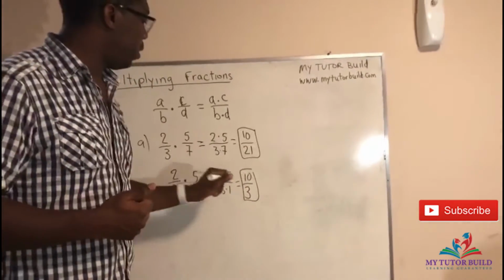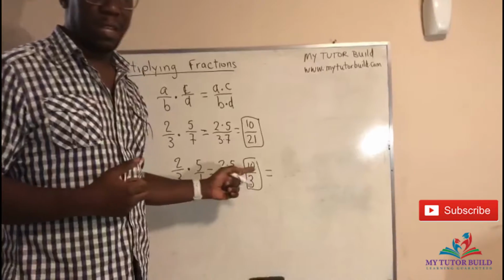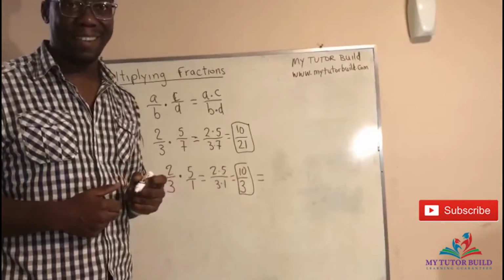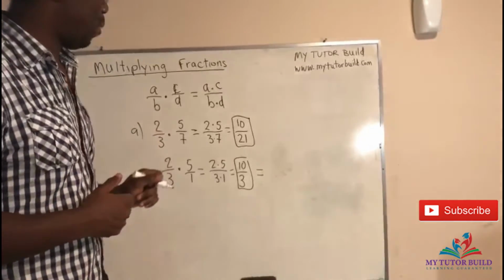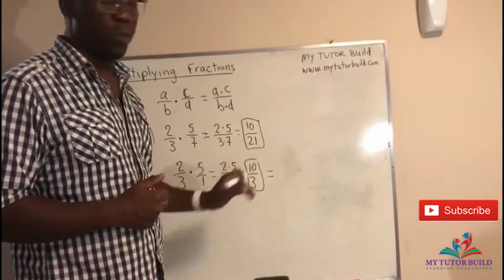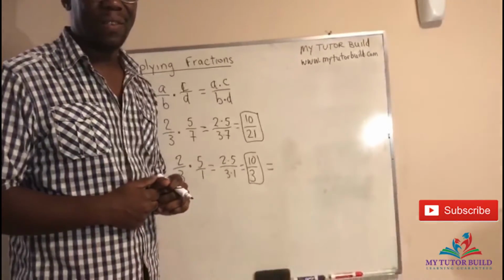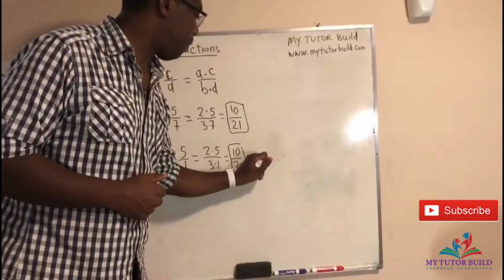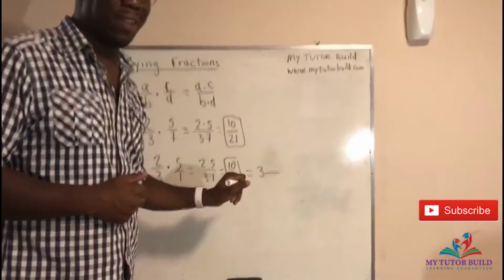What are you going to convert it to? Do you know what that is? Yes, a mixed number. So you try to find how many 3s you can put into 10. You can put 3 into 10 three times, so we're going to have 3. What is the remainder?